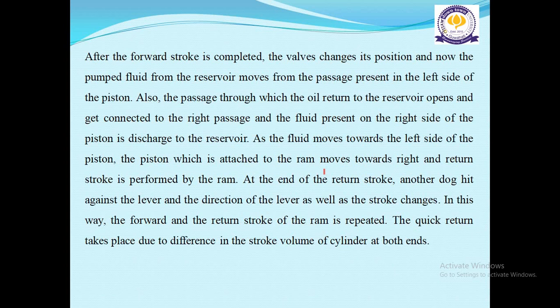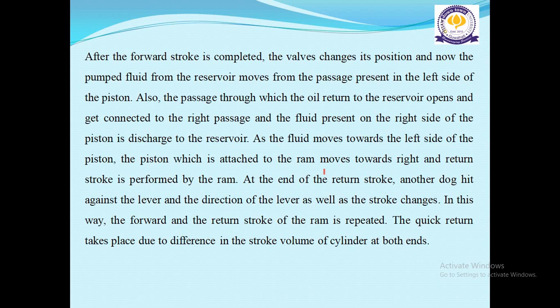After the forward stroke is completed, the valves change position, and now the pumped fluid from the reservoir moves into the passage on the left side of the piston. Also, the passage through which the oil returns to the reservoir opens and gets connected to the right side, and the fluid on the right side of the piston is discharged to the reservoir.